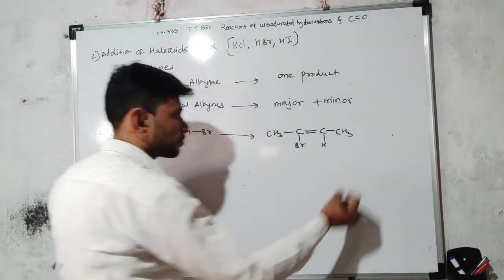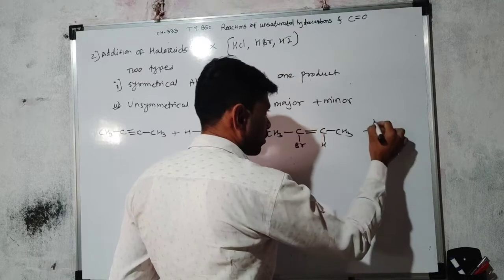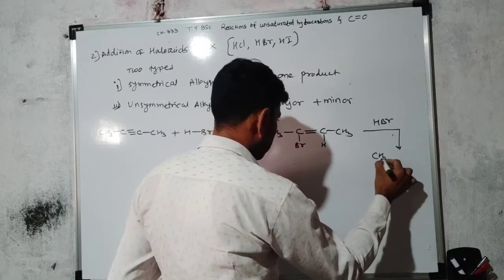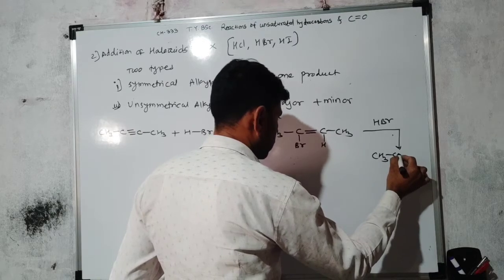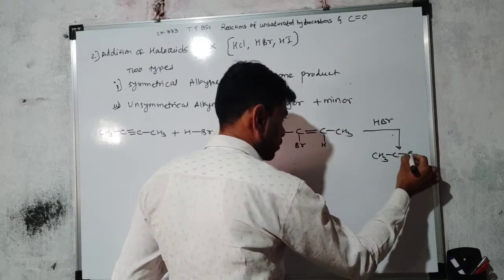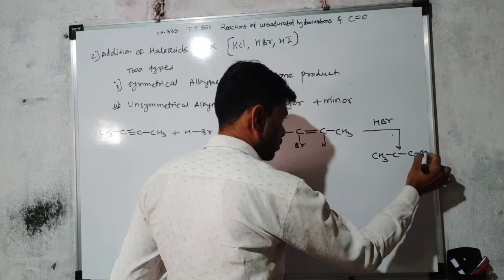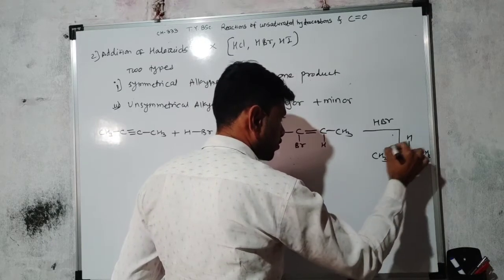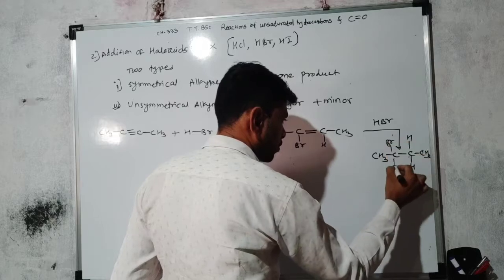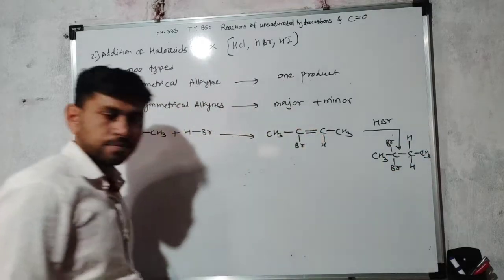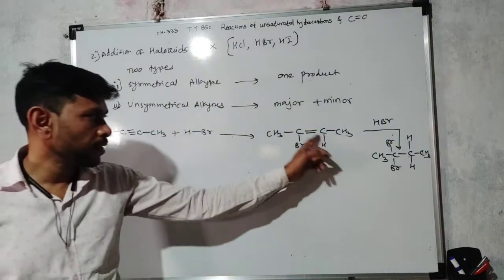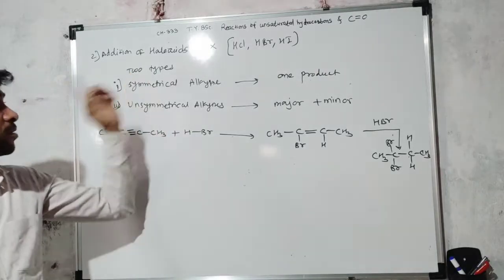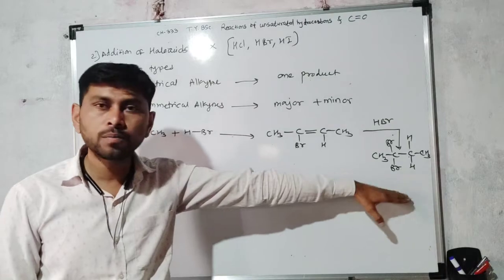It remains the same. In the next step, another mole is added: CH3, H, here H, and here 2 moles of Br obtained. 2 moles of Br added here, 2 moles of hydrogen added here. So this is the general reaction of symmetrical alkynes, where we obtain a single product.